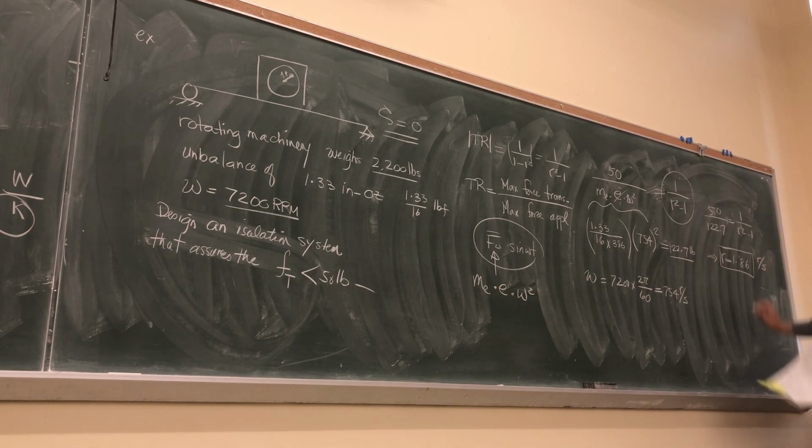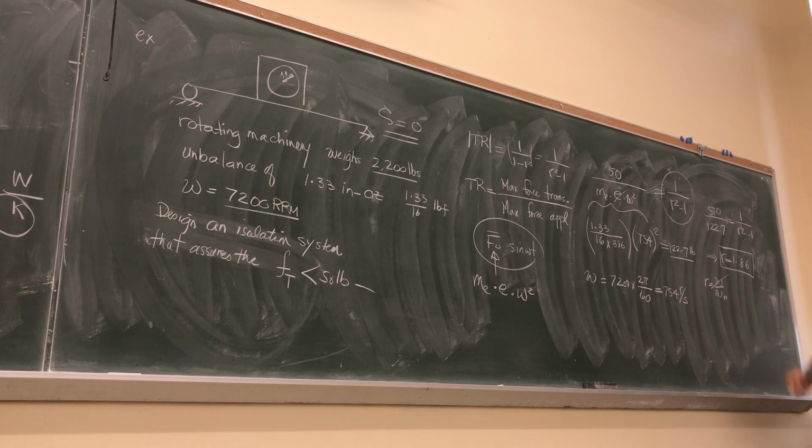It's a ratio, so it should be unitless, no units, because r is omega over omega n.